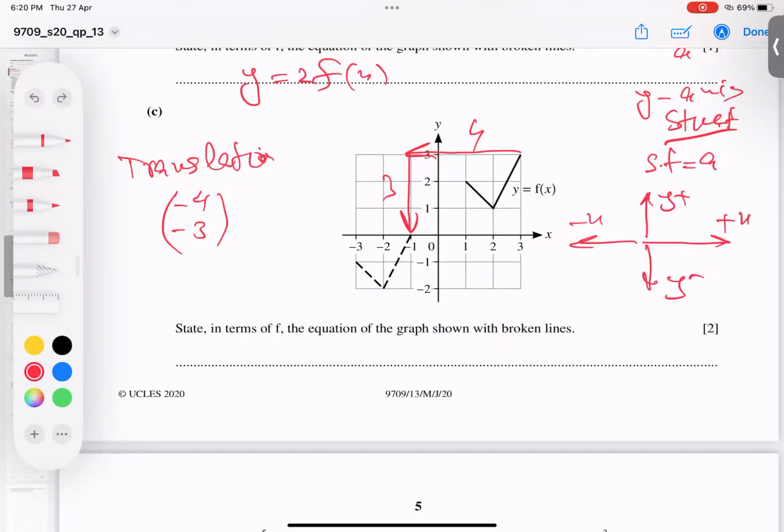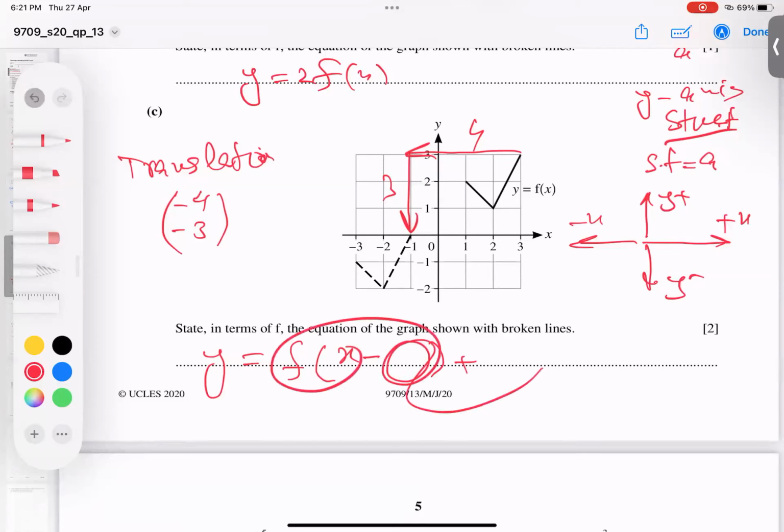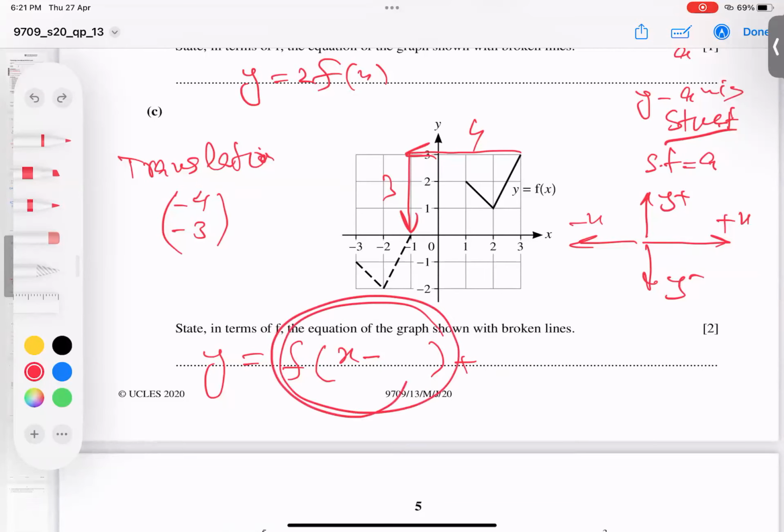So what is the basic formula we have for translation? Let's start. Normally we have f(x minus something) here, which gives the x translation, and plus something here is the y translation. Repeat: inside the bracket is the x translation, outside the function is the y translation, and this minus is fixed.